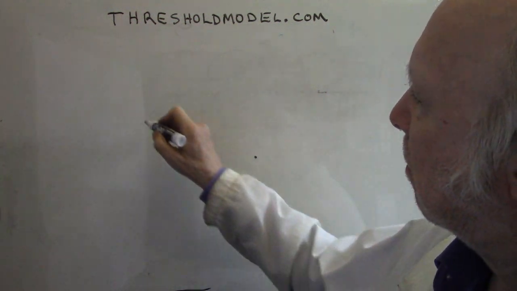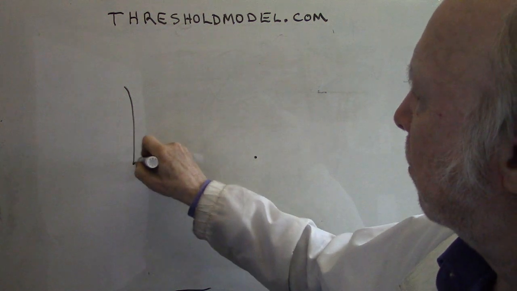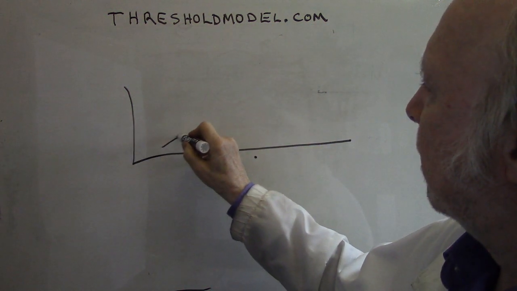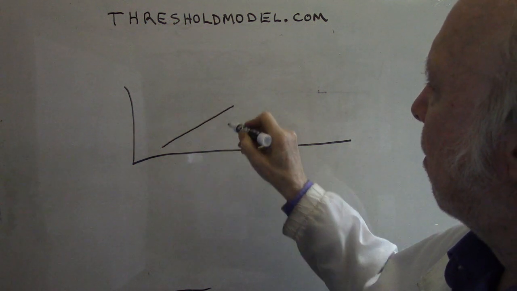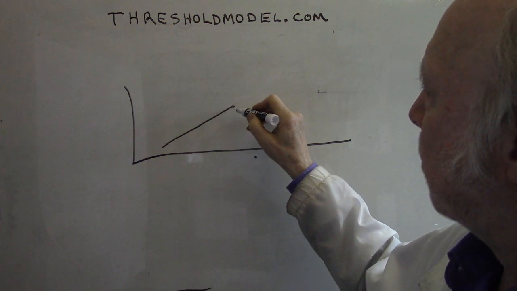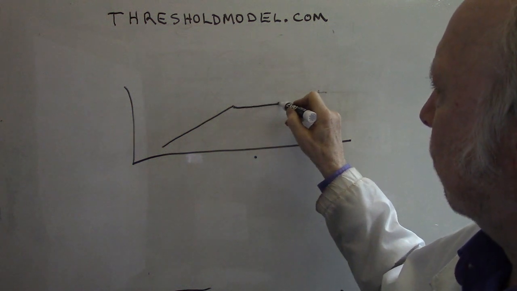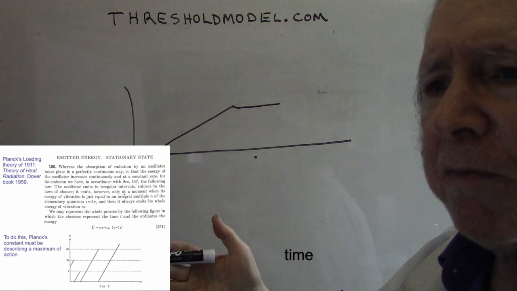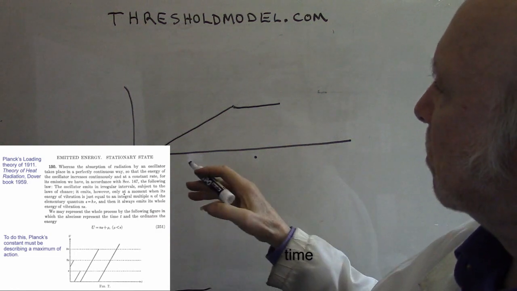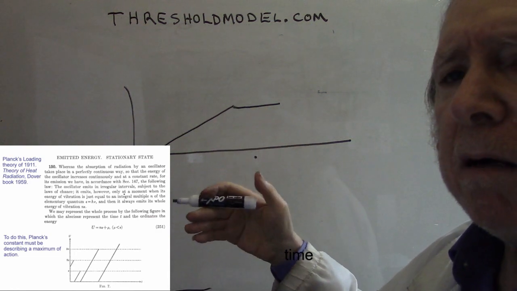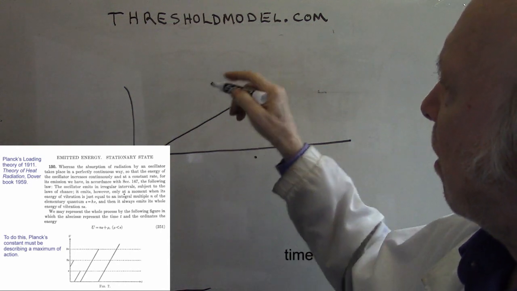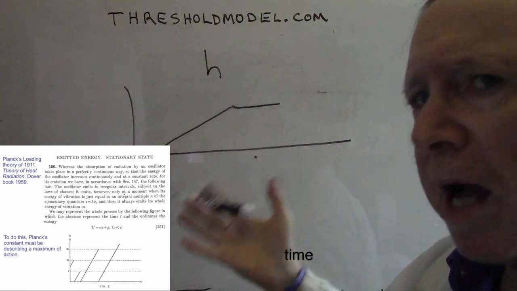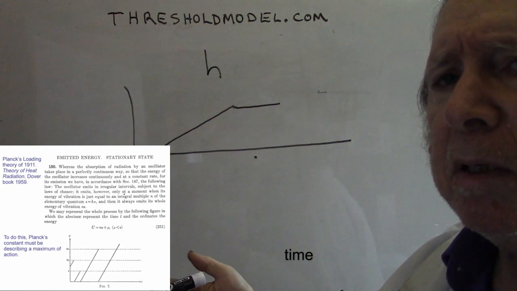But anyway, the next year I want to point out is in 1911, Planck came out with a loading theory where he looked at the energy of absorption that goes up to a threshold and can stay there. And he did a nice graph of it in his book. So in order to understand this, it's saying the same thing as that his constant is a maximum.